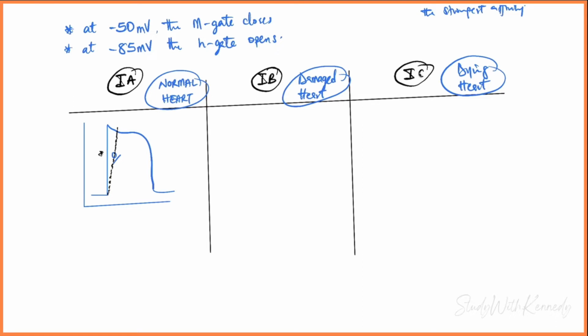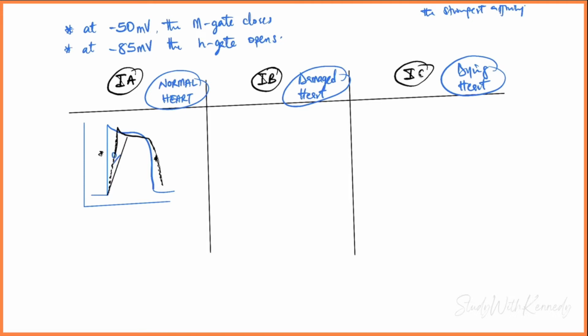What you want to know as well is that class 1A antiarrhythmics also have potassium channel blocking effect. What does that mean? That means that this phase 3 potassium repolarization is also going to lose its steepness. It's going to become less steep. So when we draw this graph, the new graph would look like this.